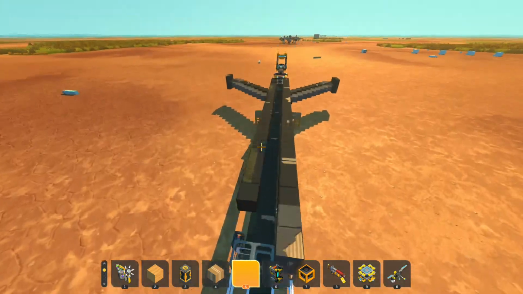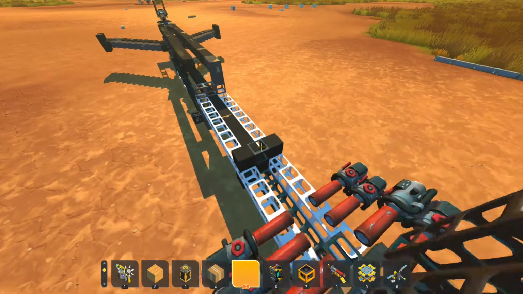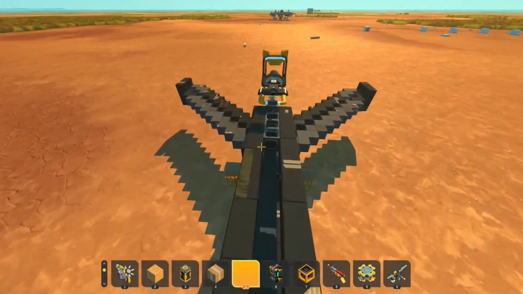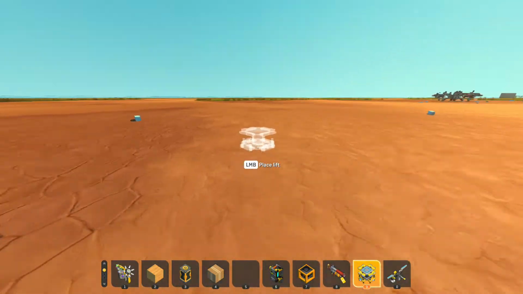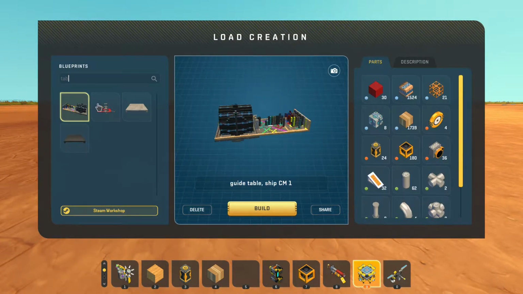In the best possible circumstances, you would have some sort of mechanism moving back and forth. Here, I'll build it.